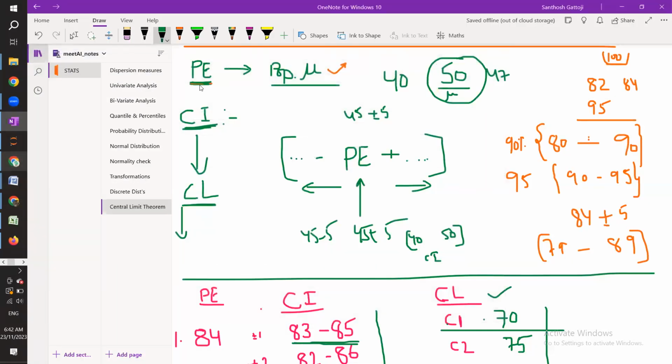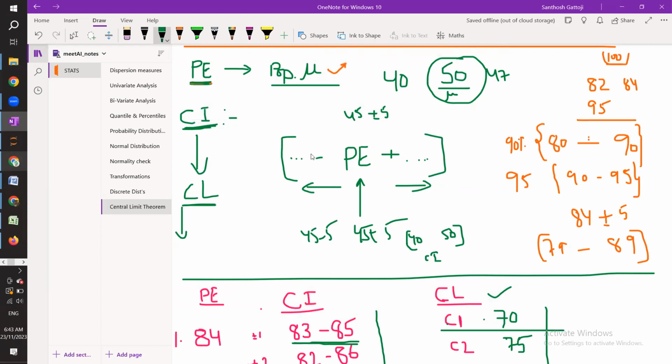I don't want to give only one point estimate, because it may or may not be equal, and I'm not 100% sure. So instead of giving one point, I'll give a range. How do you get the range? You add some value to the point estimate, which becomes the upper end, and you subtract some value from the point estimate, which creates the lower end. Now this became a range.